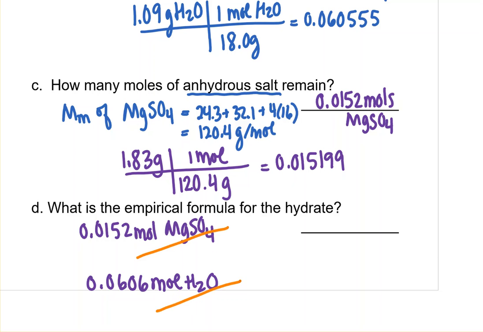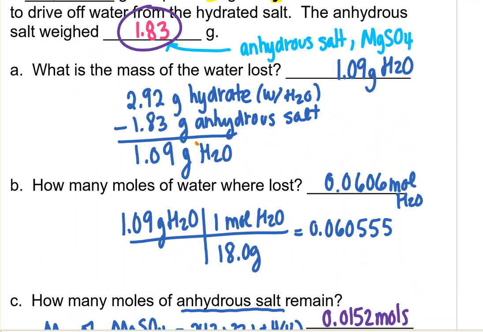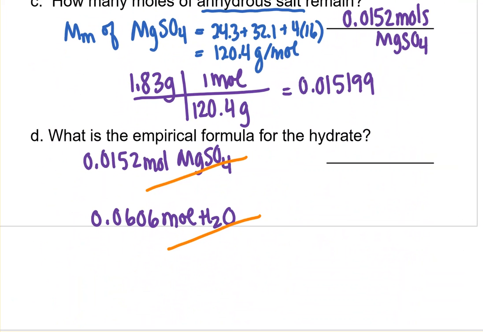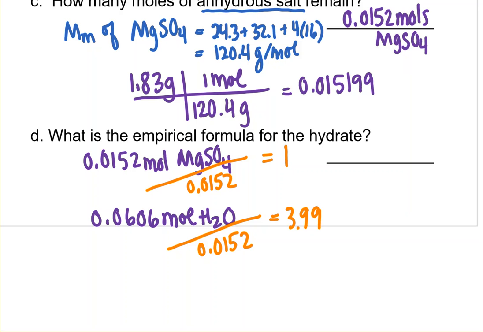And then I'm going to divide these both by the smaller of the two, which is okay. And at this point, normally if these didn't come out to a whole, you would be multiplying by a factor, but this is experimental, and so there's going to be some error.